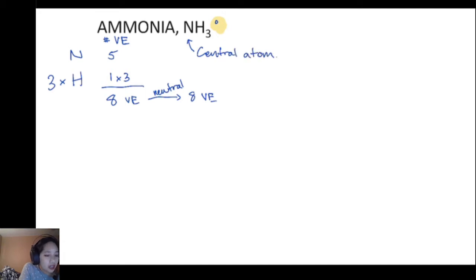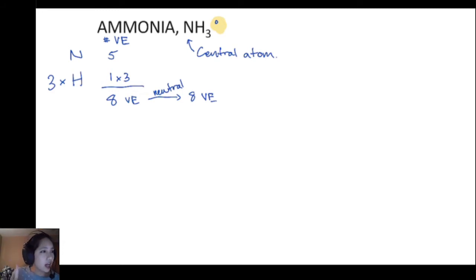The only time the central atom is not the first element in the formula is when hydrogen is the first element listed, because hydrogen can only make one bond, so it's never going to be the central atom. That wouldn't make sense because you can't put multiple things around a hydrogen atom. Usually hydrogen will be dangling off, the outer atom in a molecule.